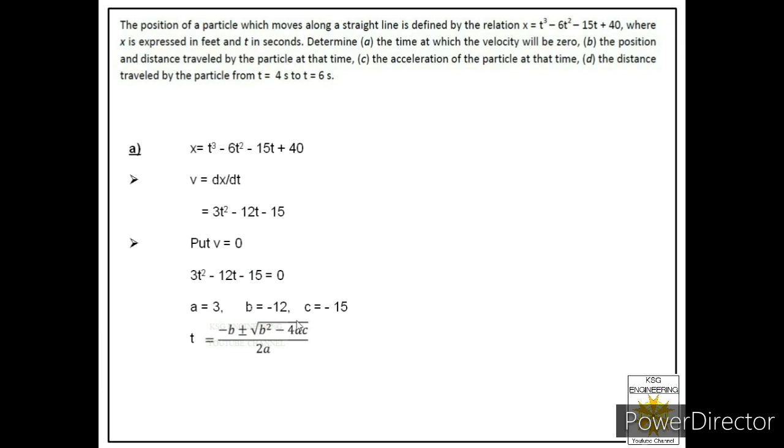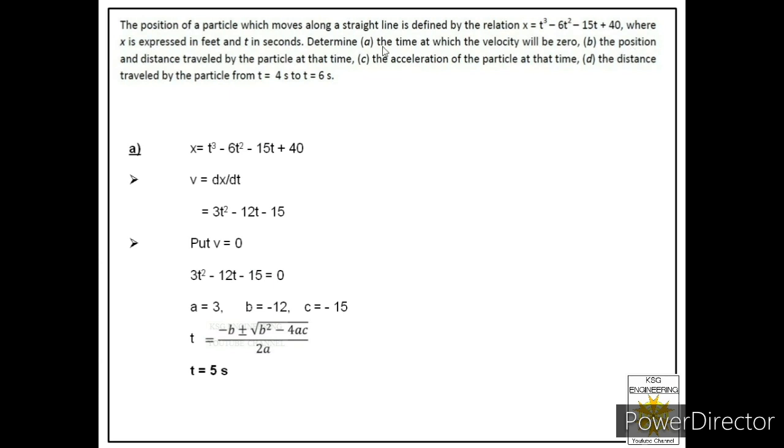So we get time equal to 5 seconds. We have the answer of the first part: after 5 seconds the velocity of the particle will be 0. Now let us move on to the B part of this numerical.